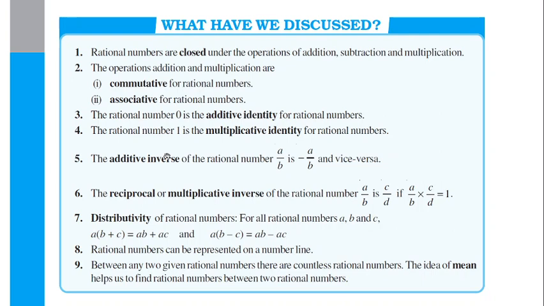You are inverting the sign, or you can remember it by just multiplying the given term by minus. If you multiply minus with a by b, we get minus a by b. And if you have been given minus a upon b, then multiplying by minus, minus minus will become plus, so we get a by b. So this is additive inverse.